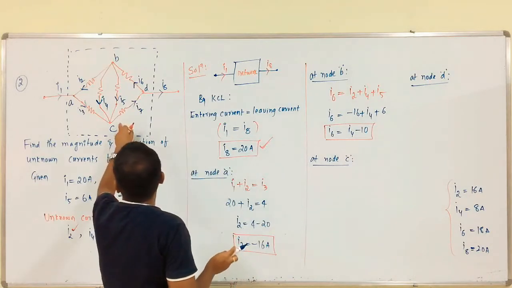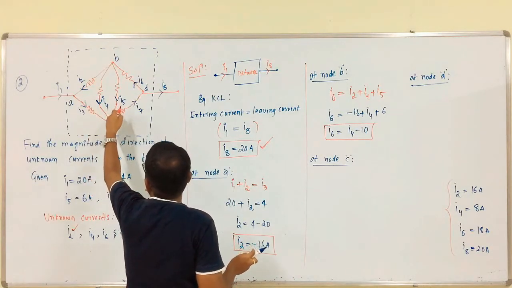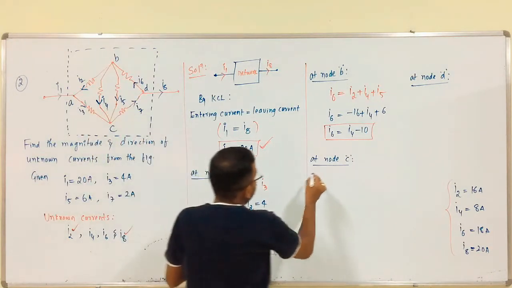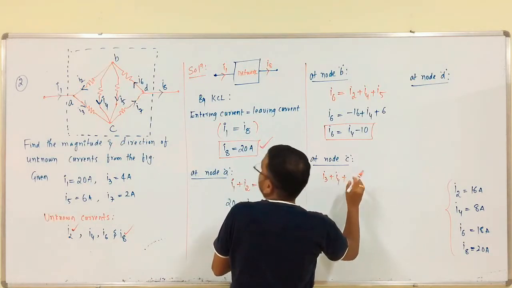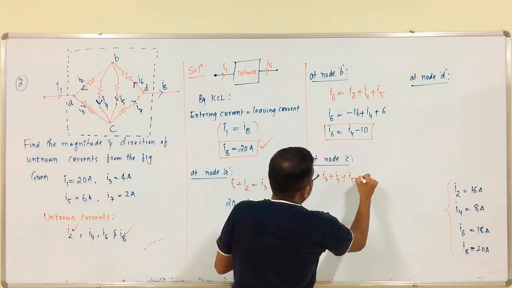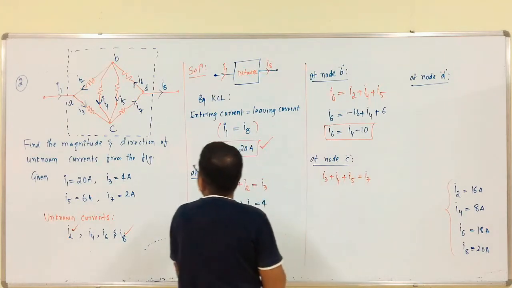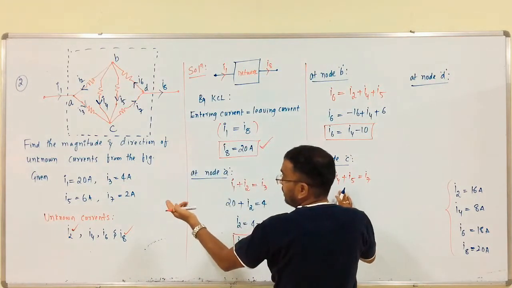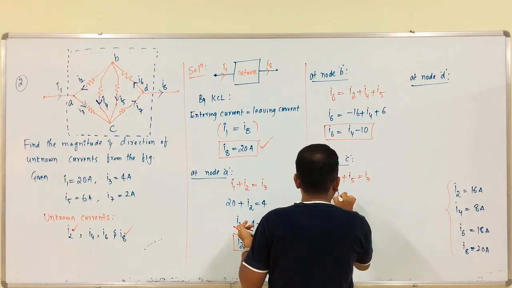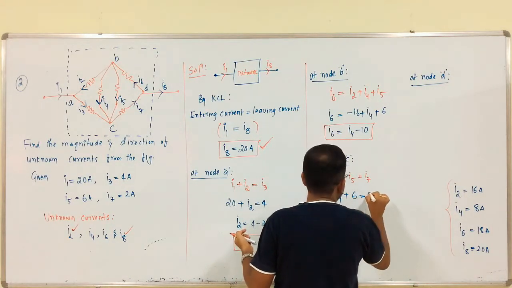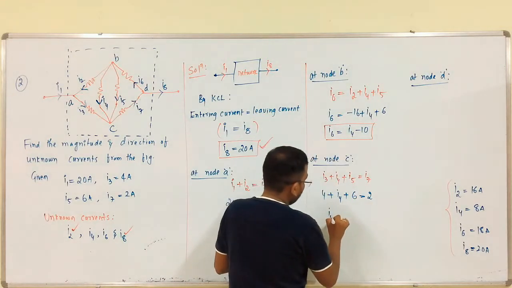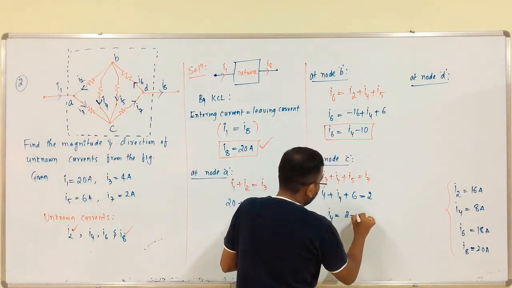Then at node C, I3, I4, I5 are entering, I7 is leaving. So, I3 plus I4 plus I5 is equal to I7. What is the value of I3? That is 4. I4 we do not know, I5 is given as 6, which is equal to I7, which is 2. So, from this, I4 equals 2 minus 10.